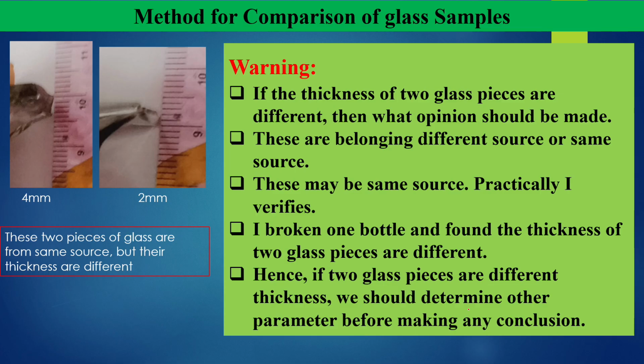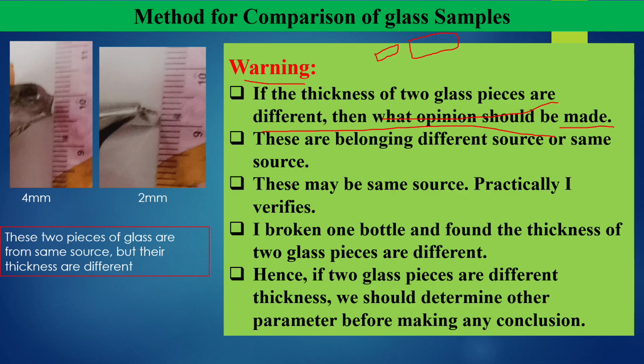And I want to give one warning. What is the warning? Suppose the thickness of the two glass pieces is different. What opinion should you make? Suppose one is like this and the other is different in thickness. Will you report that they belong to different sources or the same source?